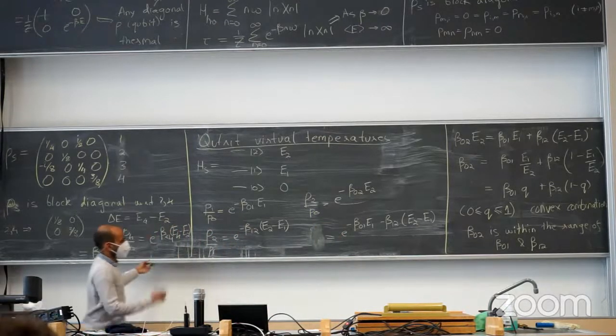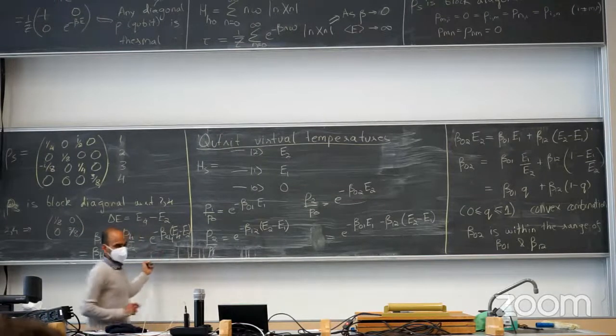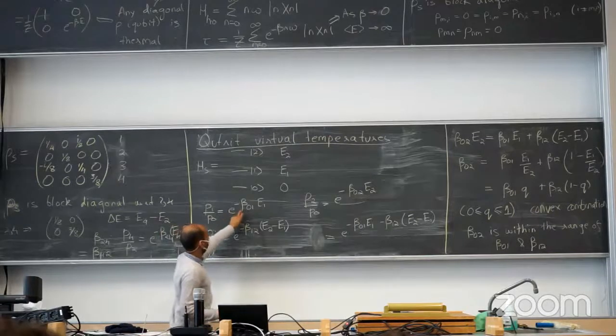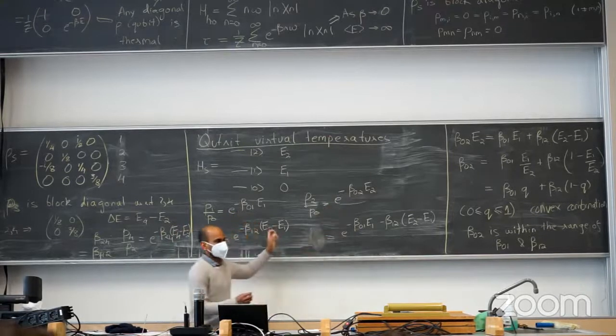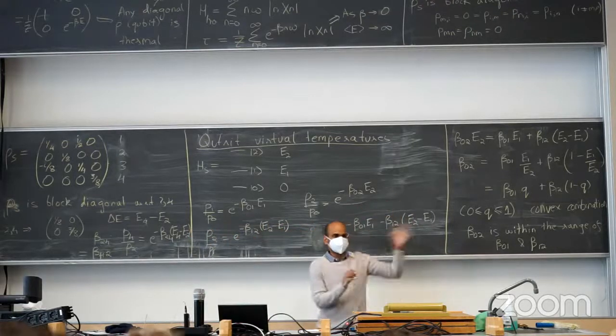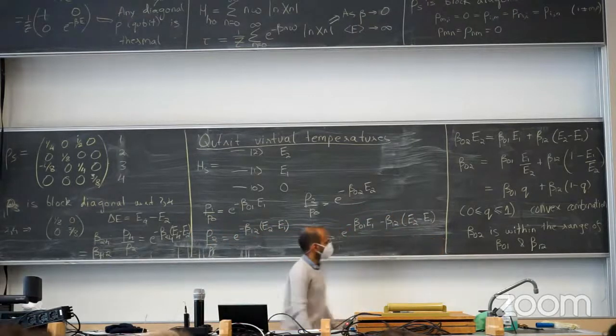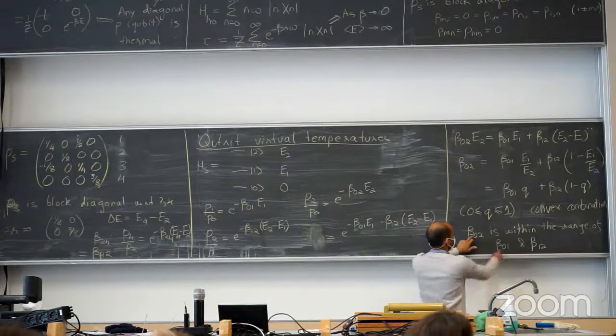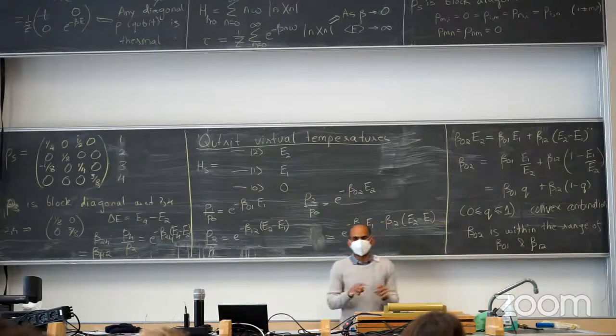But now the thing is, I can also turn this on its head and say, imagine now I use two of them to solve for the third, but I could also do the opposite. I could use the second and the third to solve for the first. It's the same equation. I just choose which one I'm going to put on the left-hand side and leave on the other. The fact that beta 02 is within this range means that if I took beta 02 and any one of these, the third one would lie outside the range.